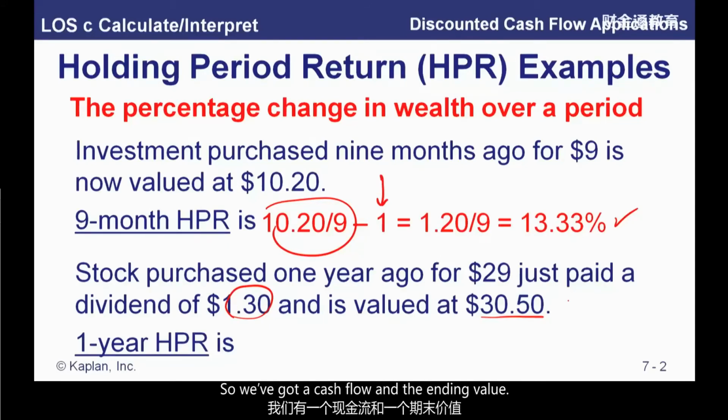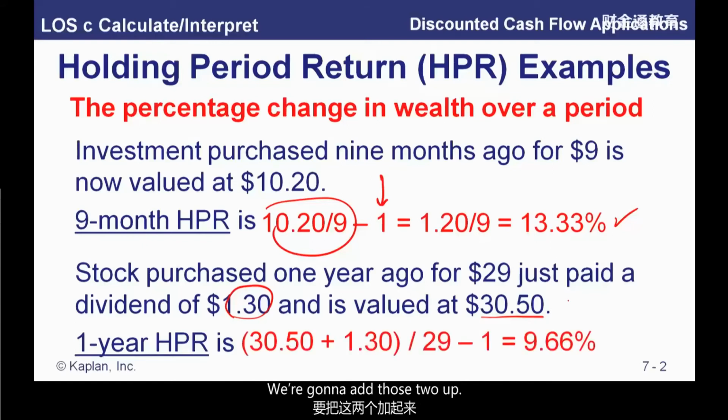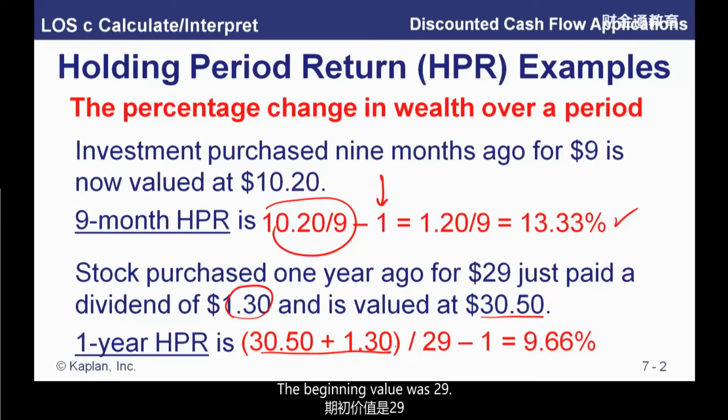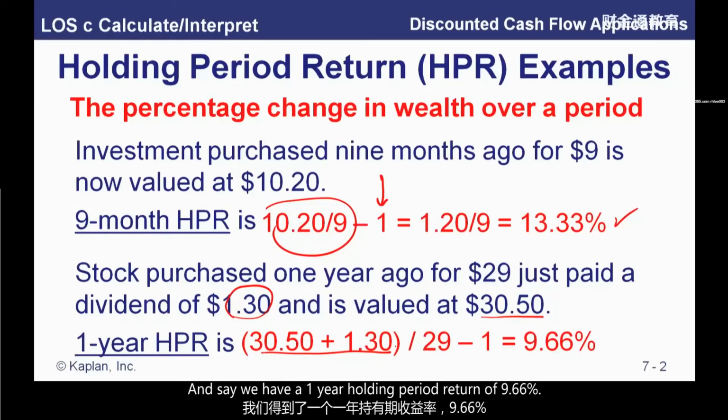So we've got a cash flow and the ending value. We're going to add those two up. So now our numerator is the ending value of the investment after 1 year. The beginning value is 29. Take ending over beginning minus 1 and we have a 1-year holding period return of 9.66%.